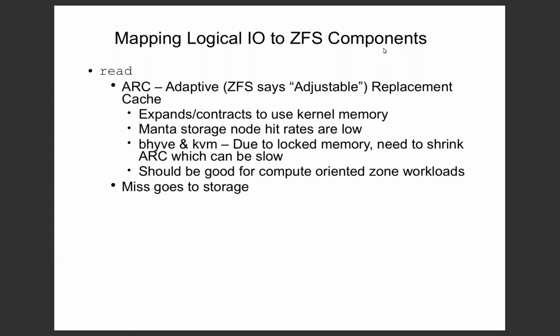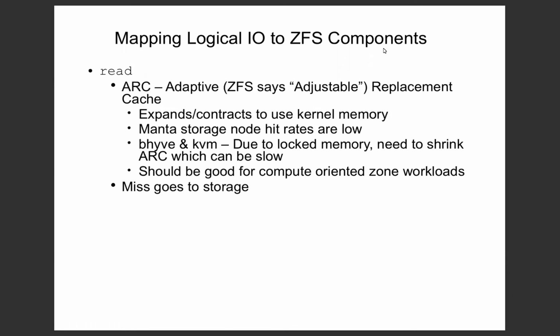One of the things that's kind of interesting is when we have a virtual machine, either Beehive or KVM, those actually lock down the memory that they're using for the virtual machine. So they need to get memory set aside before they really start up and are running. What they have to do is put pressure on the ARC to cause it to shrink down so that they can lock that memory down.